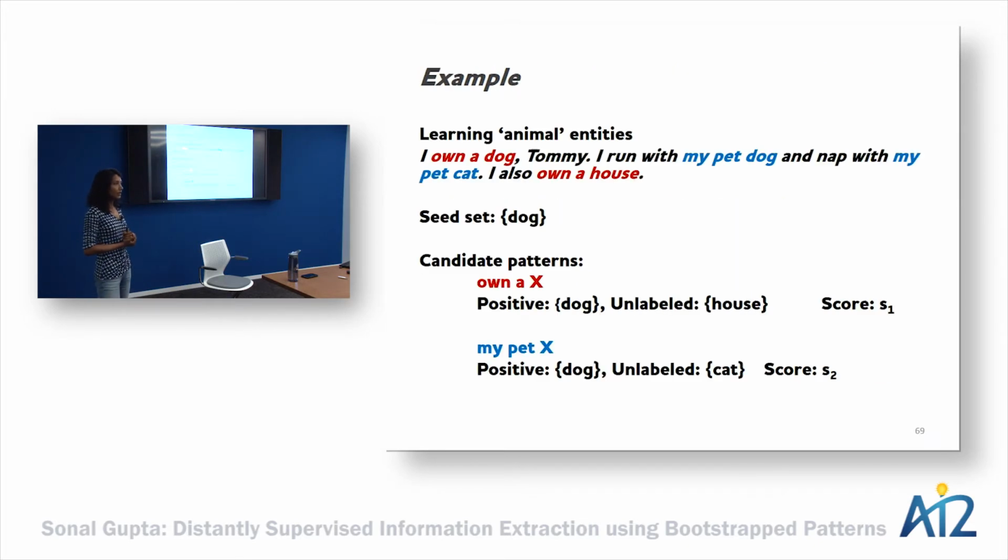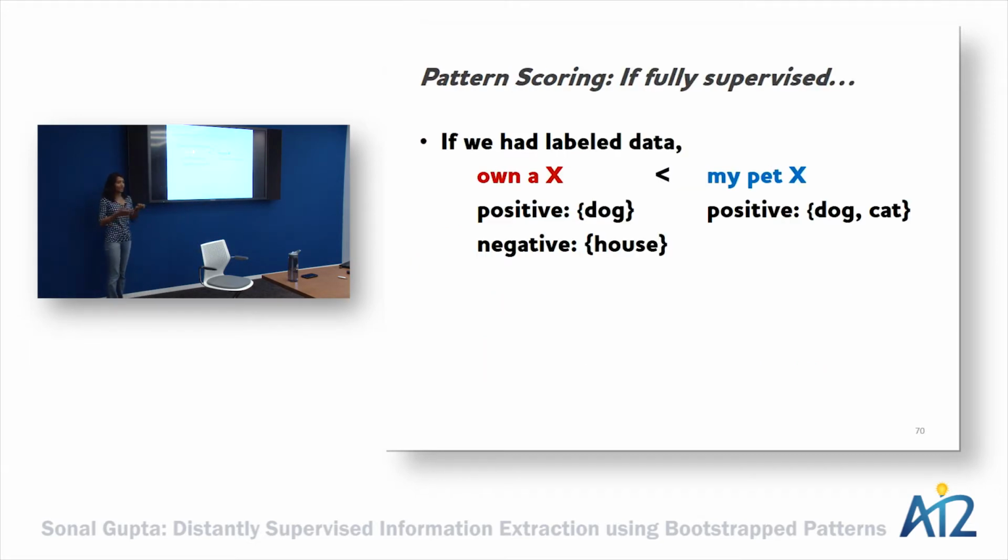So coming back to the example over here, each pattern extracted dog and one unlabeled entity, and we have some scoring system, S1 and S2. If we had labeled data, we would have known that house is negative, cat is positive. We would have scored my pet X better than owner X. But we don't have any such labeled data to give us this.